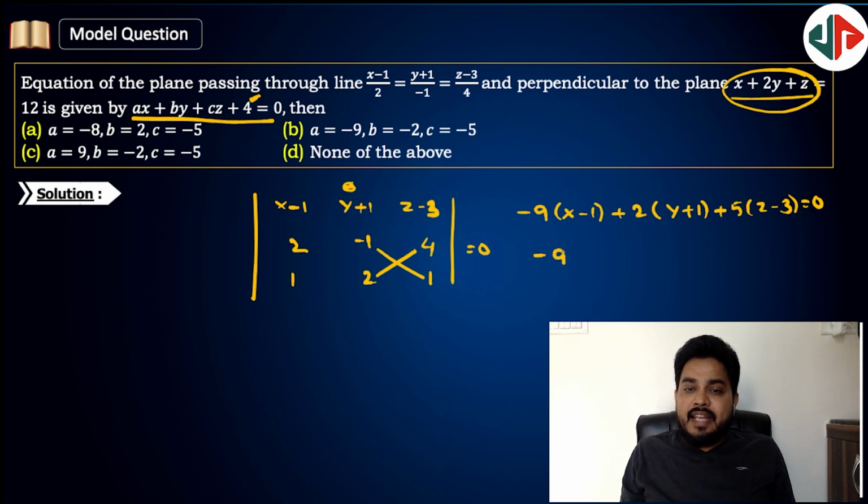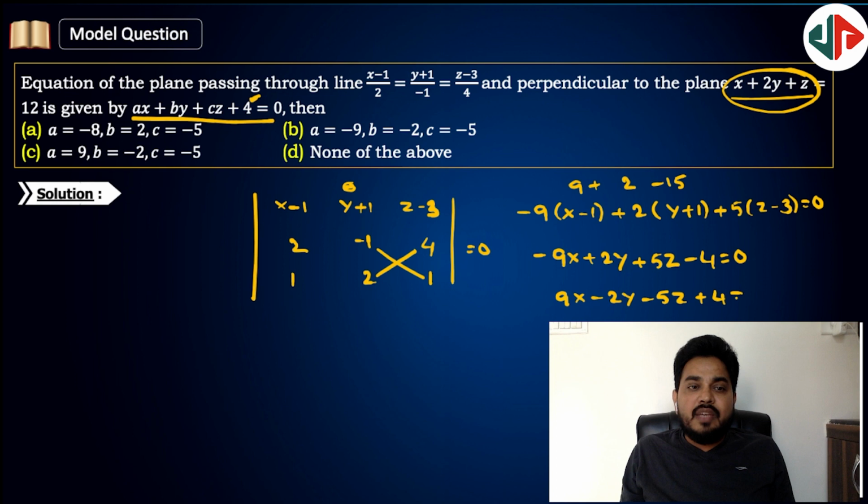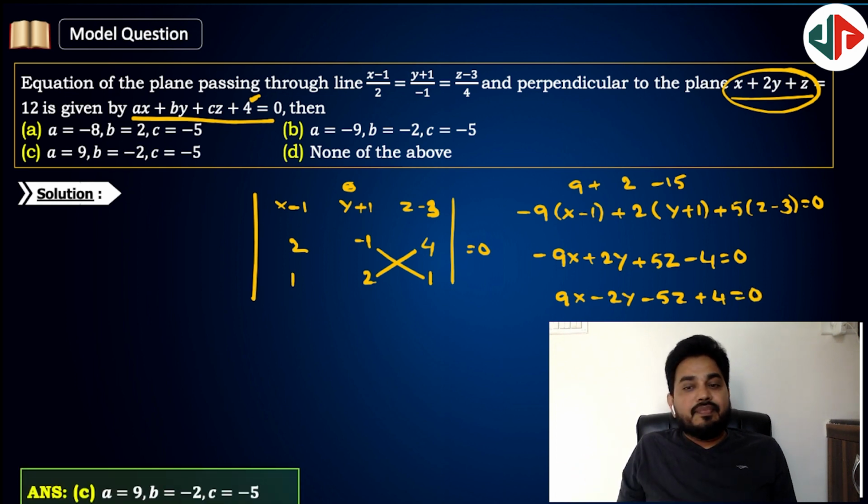So 9x plus 2y plus 5z. Now plus 9 plus 2 minus 15 is minus 4 is equal to. They mentioned plus 4. So it should be 9x minus 2y minus 5z plus 4 is equal to 0. So the answer is C.